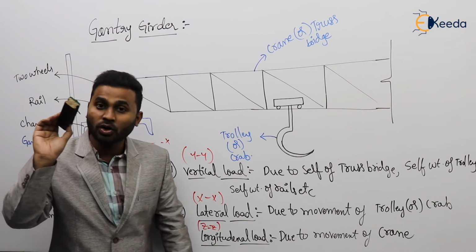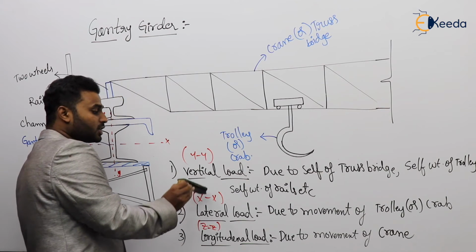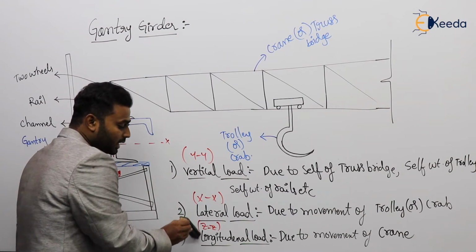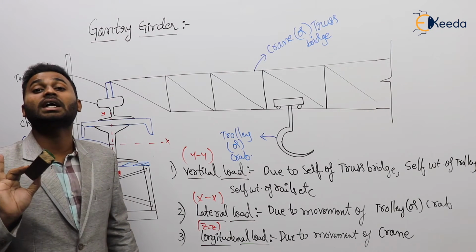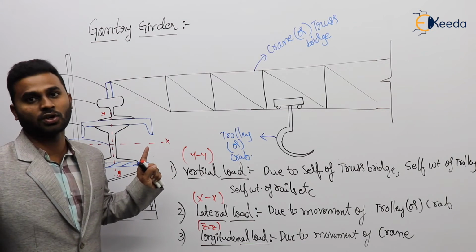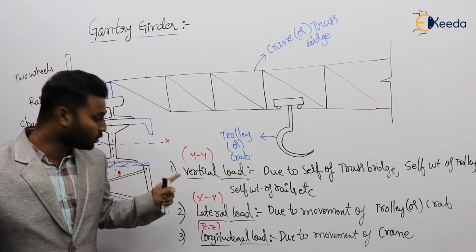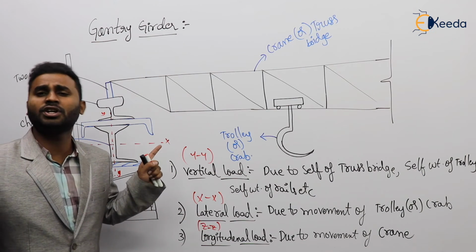And one more thing you have to remember here. The gantry girder is subjected to these three loads. Out of these three loads, this one is static and the remaining are dynamic in nature. So all the three loads should not be considered at the same time. Self weight will act at any cost, no doubt. It means the gantry girder is subjected to vertical load at any cost. We should not vary it or manipulate it.